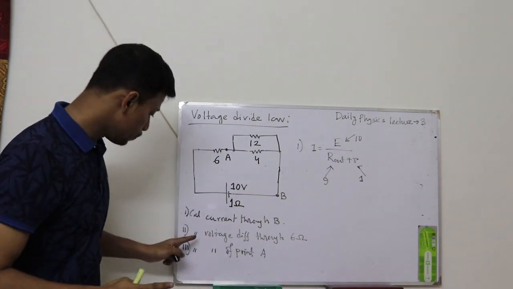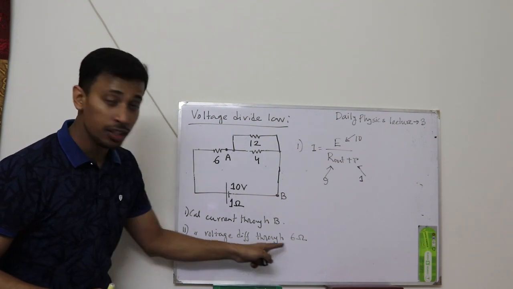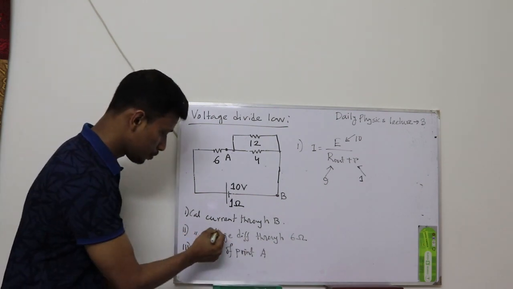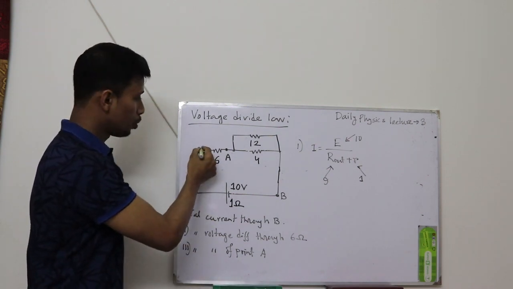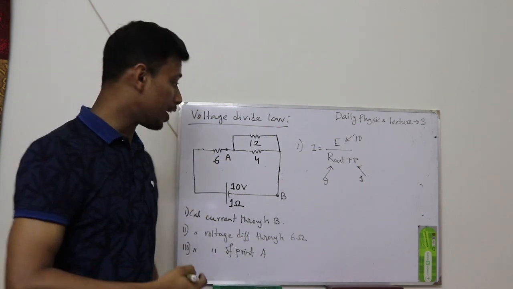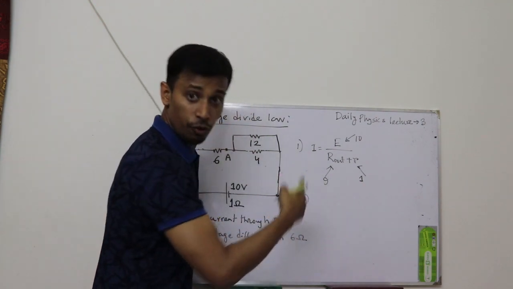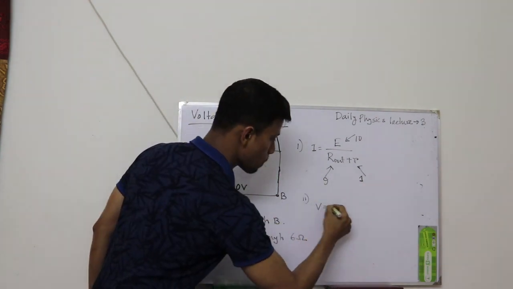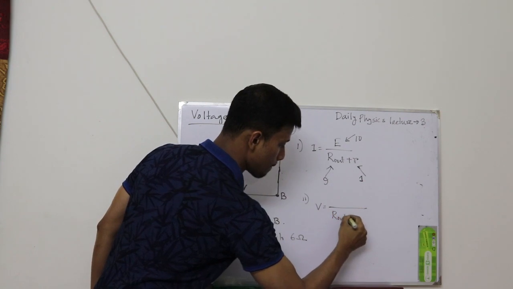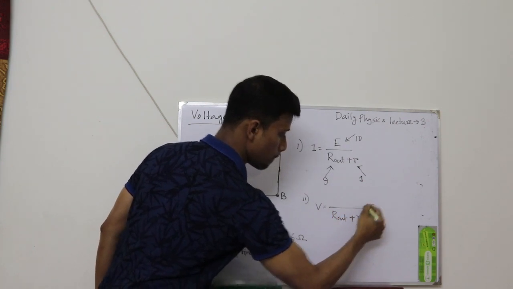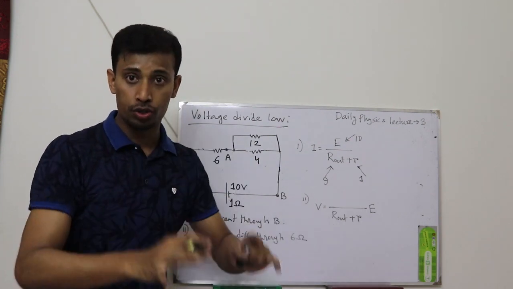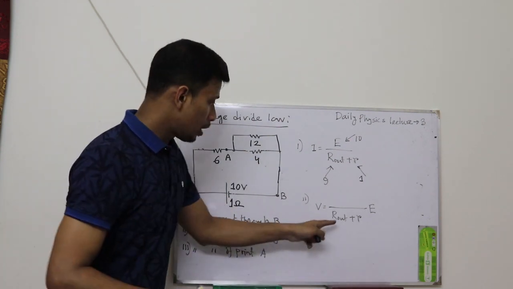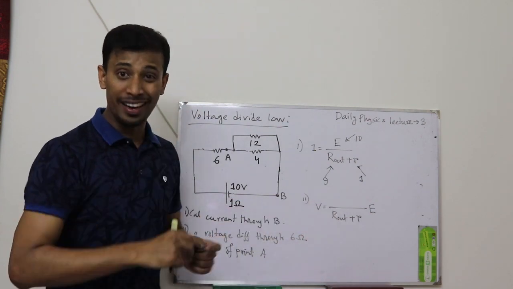What about question 2? Calculate the voltage difference through the 6 ohm. Why 6 ohm? Here at the main line. So we can get it by the voltage divide law. And the voltage divide law is: R plus small r into E, it will be common, so we will have to put it, and at the top there will be the resistance.